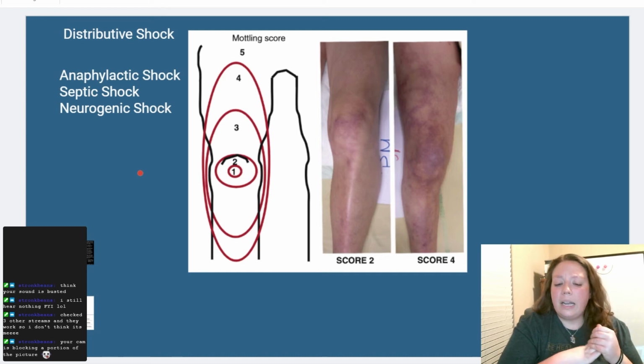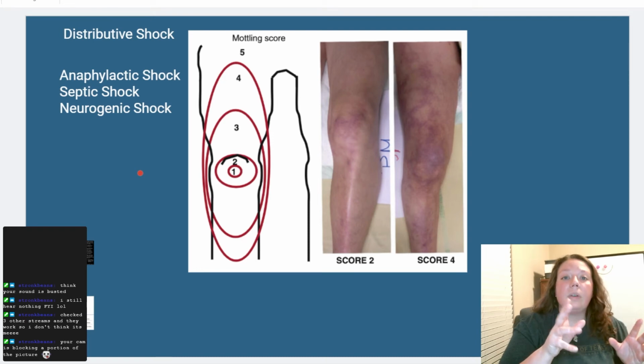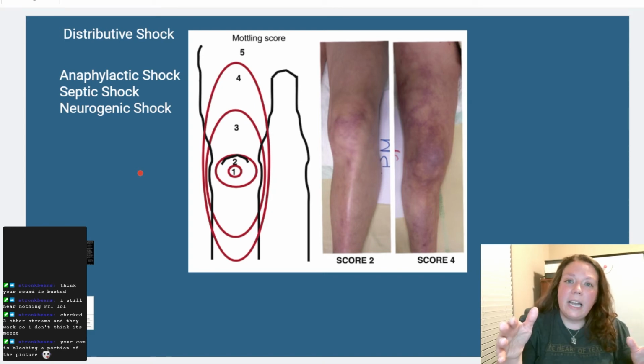There used to be guidelines where you couldn't give antibiotics until you did blood cultures. You drew blood to culture out what bacteria it was, because the thought was the antibiotics would kill the bacteria we're drawing for. However, we found that if we delay antibiotics, the mortality, or death rate, for the patient gets a whole lot worse.